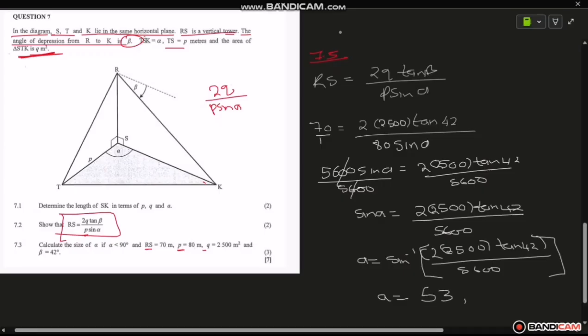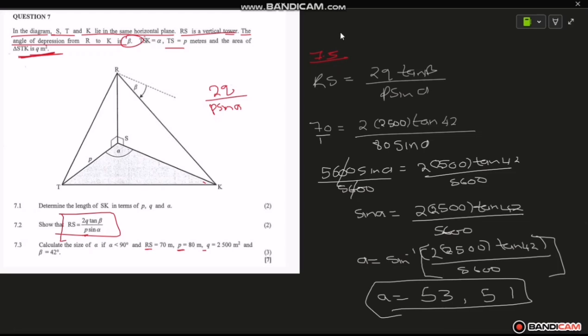It gave me 3.51. So this is the size of angle A. I can't say angle alpha because that's A. That is the size of A, and A is less than 90, as you can see.